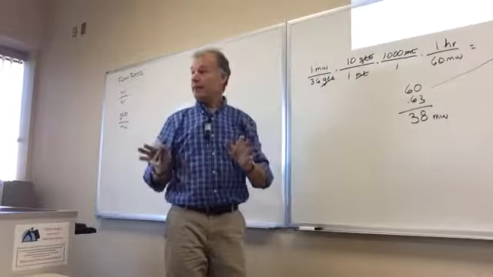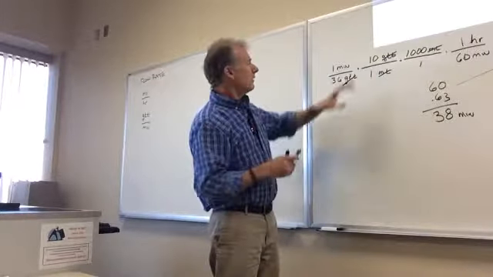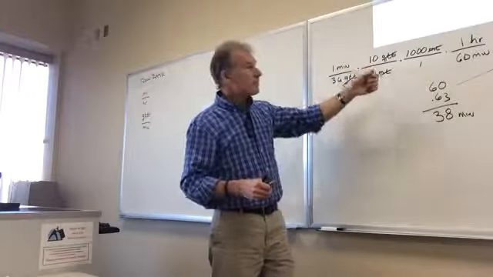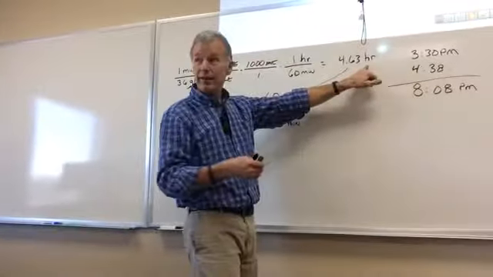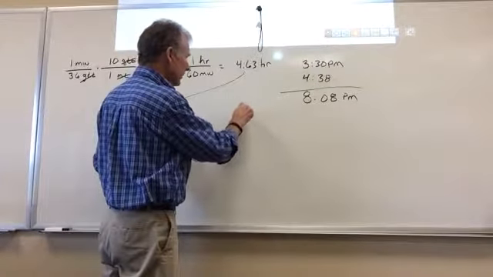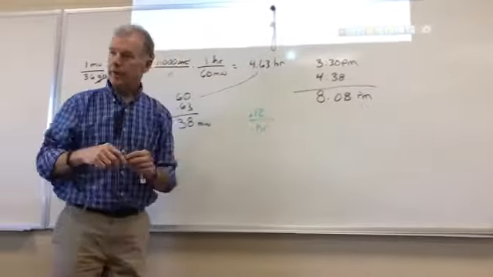Yeah, and that's fine. My only point is, if you had chosen to start with this one and had it in the wrong direction, you'll come out over here and it might be 0.12 per hour. Okay?